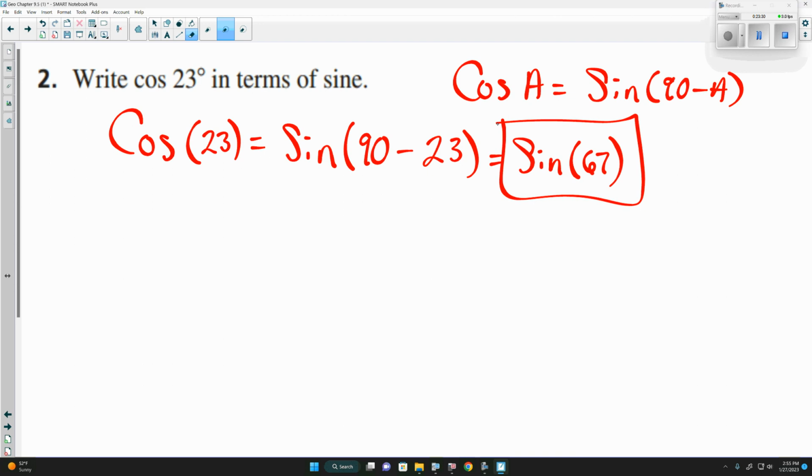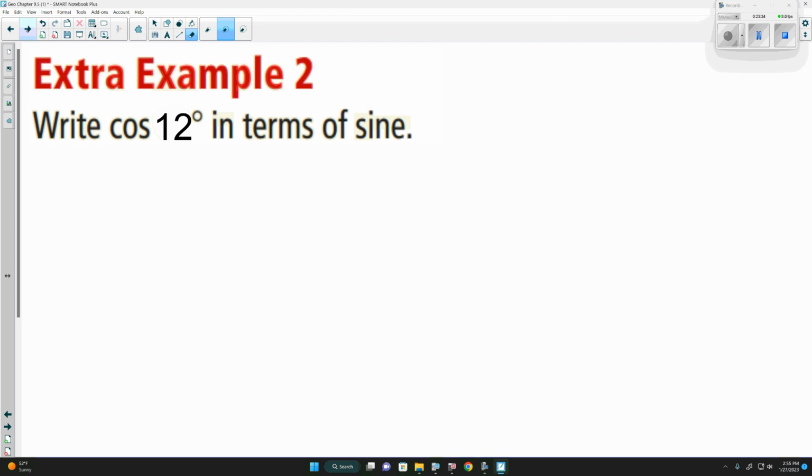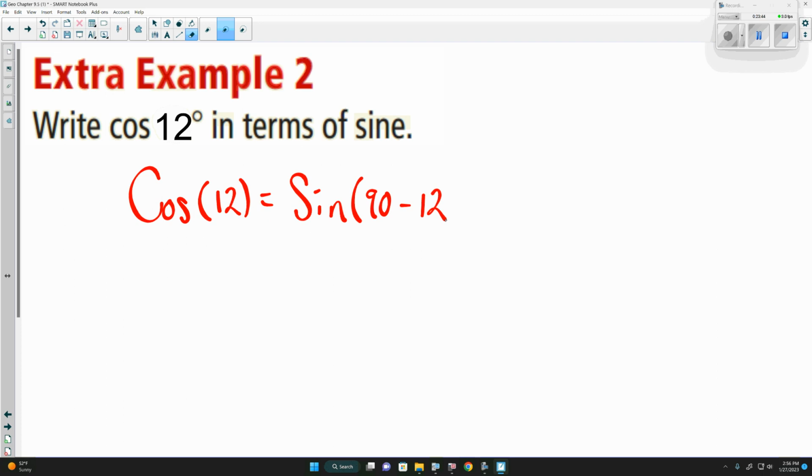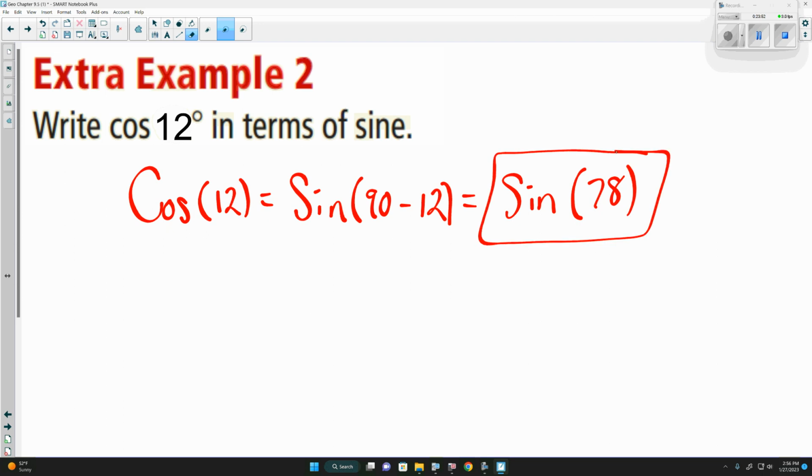Questions on this here. So cosine of 12 is equal to sine of 90 minus 12. Any questions on this so far?